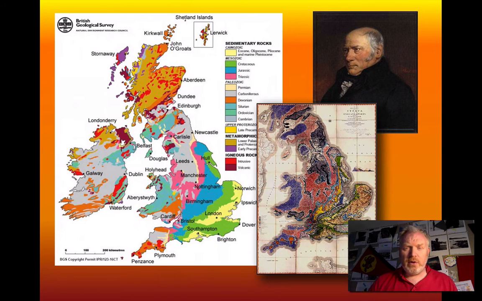Now, this idea has been around for a long time. You might remember us talking about him in Theme Zero. This is a guy called William Smith, who just over 200 years ago used this correlation of fossils that he found on his travels around Britain to come up with the first geological map that had really ever been drawn, and a geological map that really does stand up quite well in comparison to the most recent geological map that you can see on the left here, produced by the British Geological Survey.